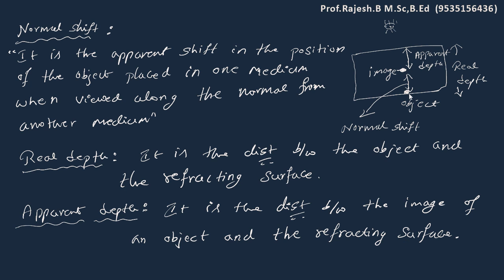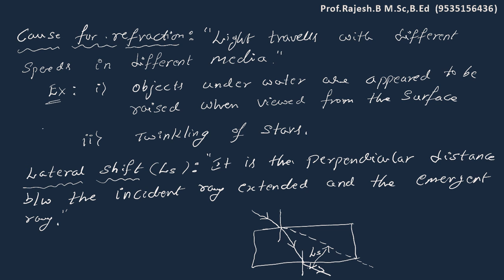Sir, explain the previous slide. Previous slide: cause for refraction. Light travels with different speeds in different mediums, so light bends.